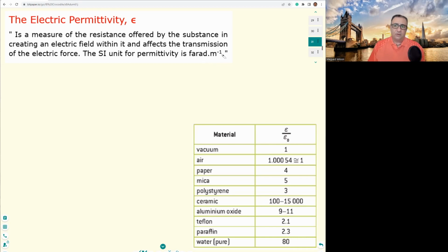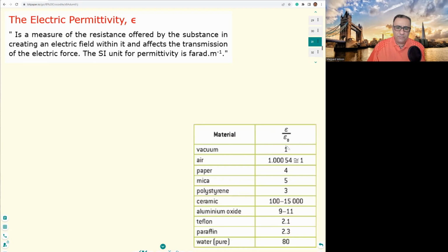Okay, so permittivity is like how easy it is for an electric field to pass through a certain medium. This is basically the permittivity, to permit the electric field that is created by the charged particles, right?